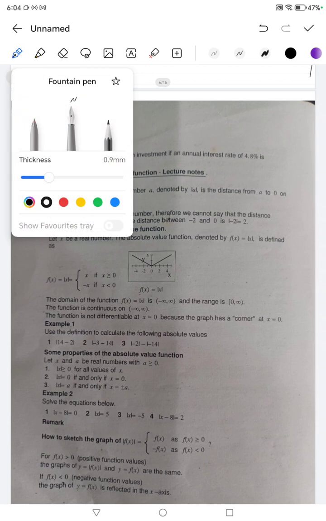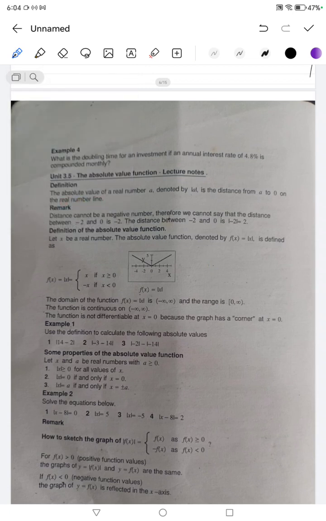Basically your absolute values are all about measuring your distance, and as you know, your distance can never be negative. Hence the absolute value of negative 2 basically changes that into positive 2. Even the absolute value of 2 will still be 2.